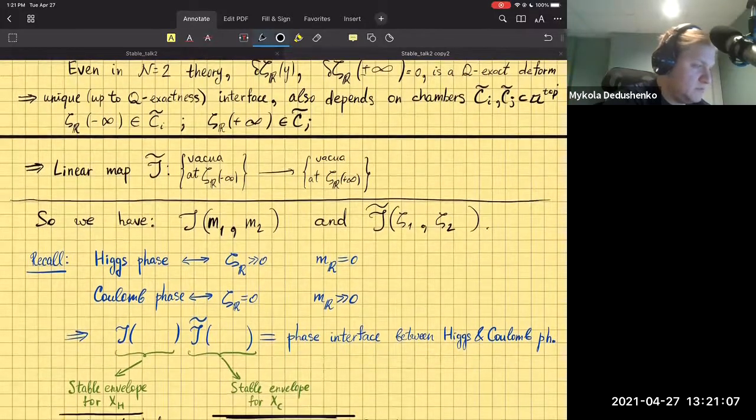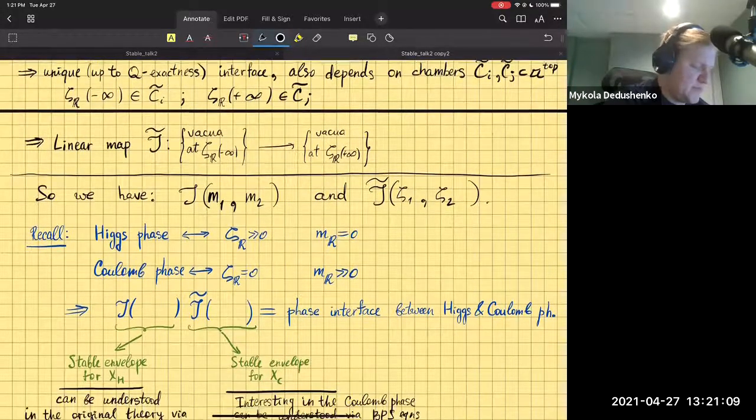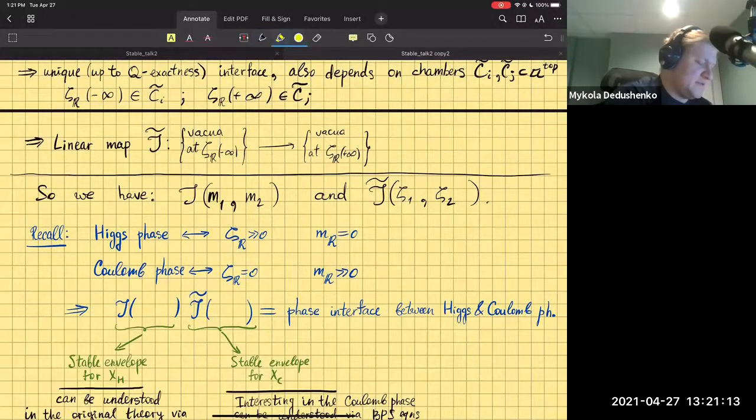Recall, I think I explained it last time, maybe I didn't. The Higgs phase of your theory corresponds to the range of parameters where you keep the real mass 0, while the real phi parameter is non-zero, generic, and large.